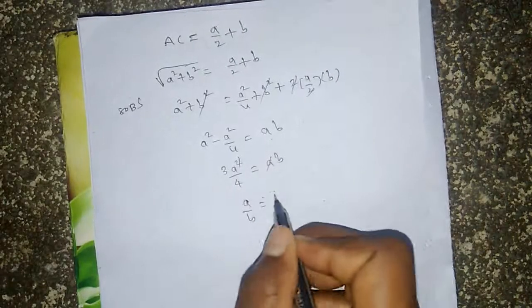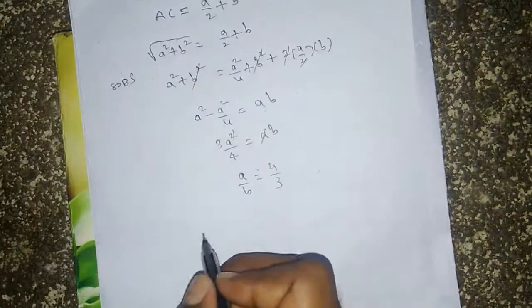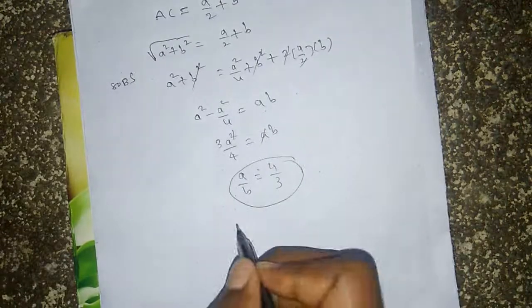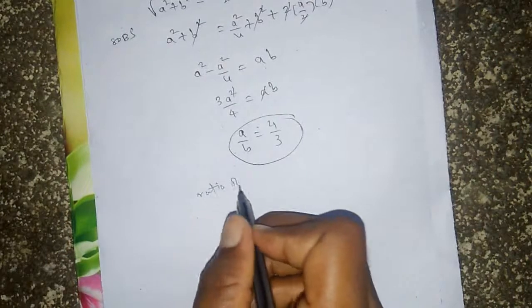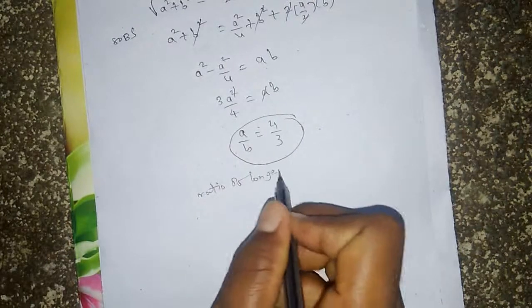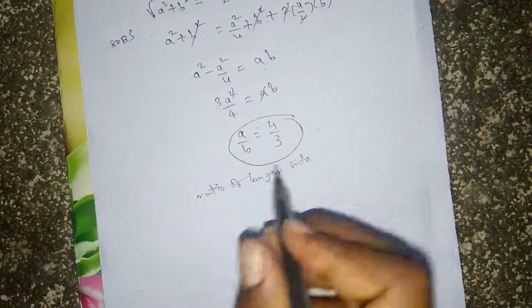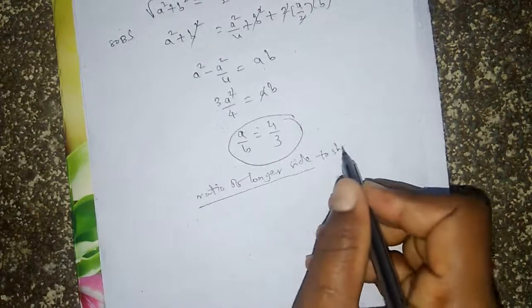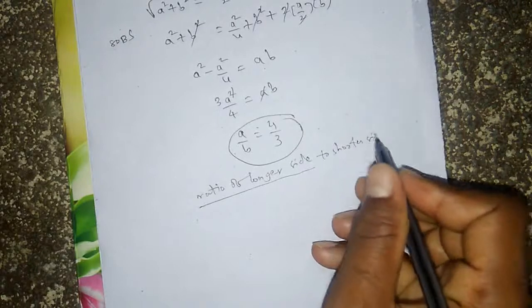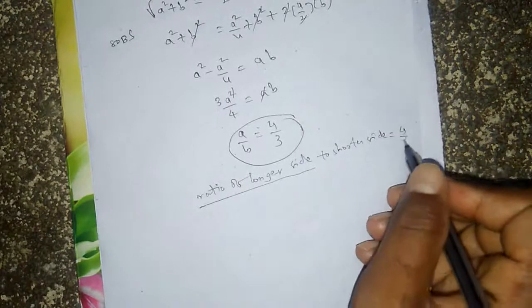A by B is equal to 4 by 3. Therefore required ratio of longer side to shorter side is equal to 4 by 3.